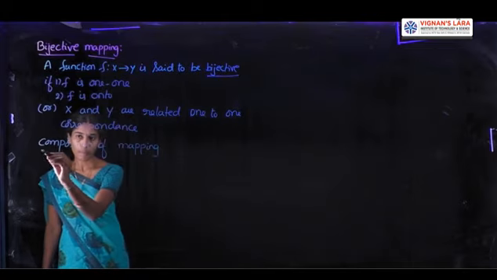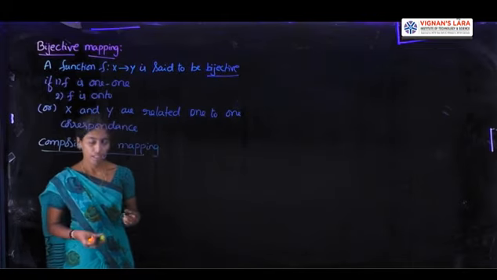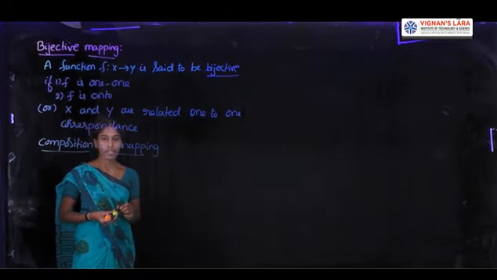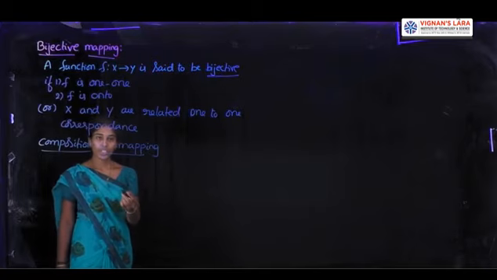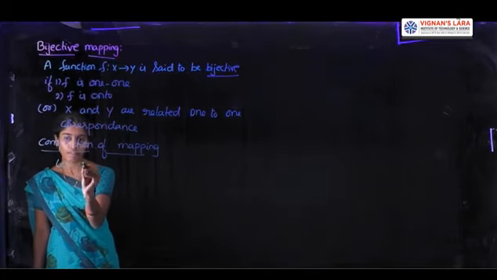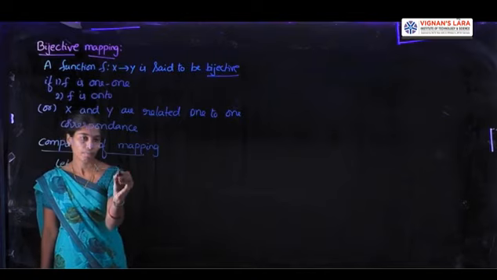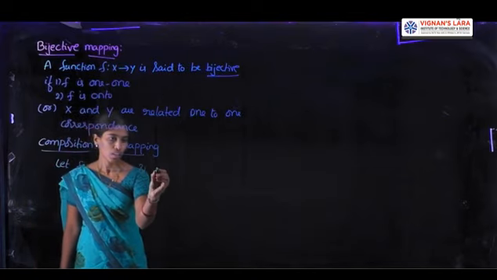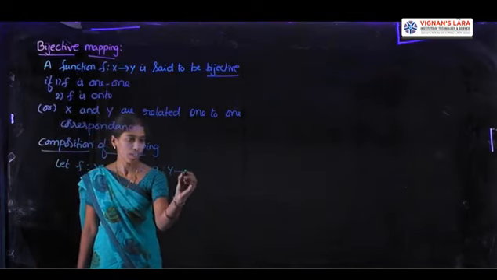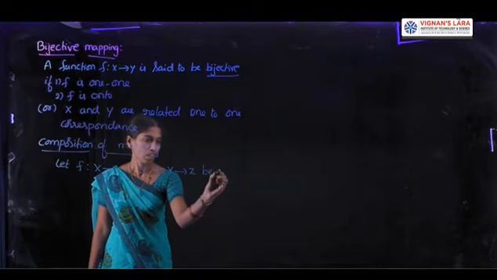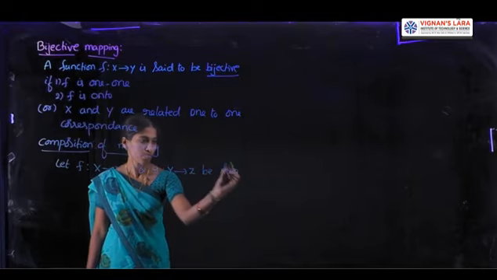The other name of composition of mapping is product of mappings. So composition of mapping means: let f from X to Y and g from Y to Z be two functions.